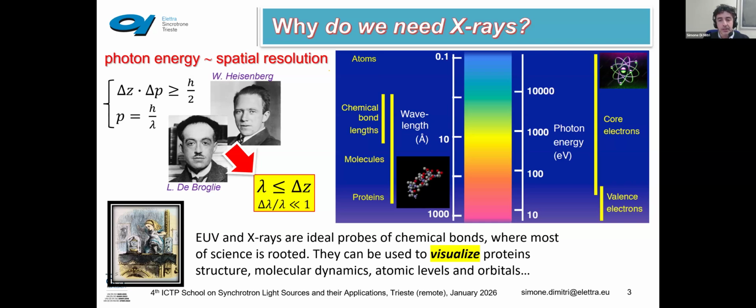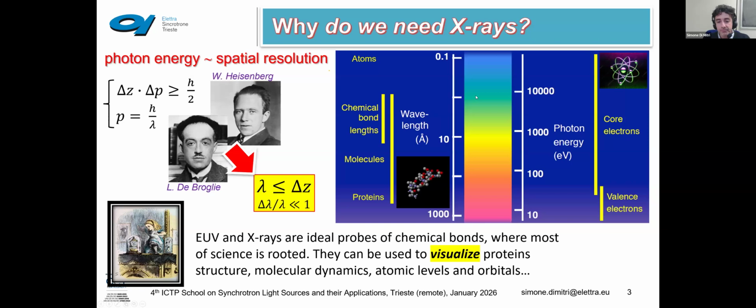In other words, we need X-rays to investigate spatial scales at the molecular and down to the atomic scale, as indicated in the right plot here, where, because of the second relation shown here, I hope you can follow my cursor, you have the shorter wavelengths for equivalent higher photon energy. So in order to access smaller and smaller spatial scales, you need higher and higher photon energies.